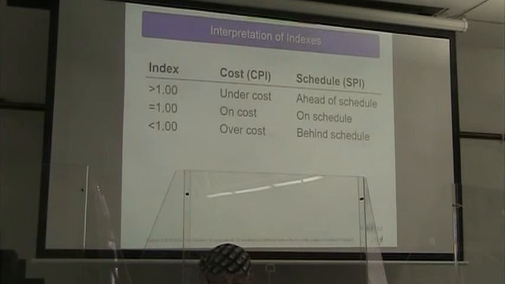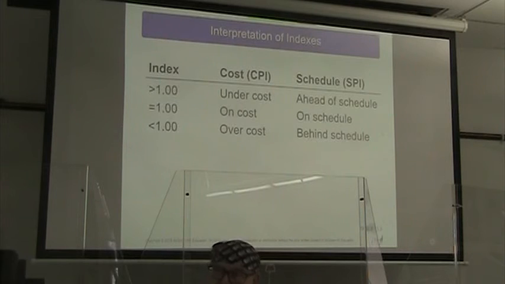If it's equal to 1, then if our CPI is equal to 1, it's on cost. If our SPI is equal to 1, it's on schedule. And if our CPI is less than 1, it's over cost. If our SPI is under 1, we're behind schedule. Okay?